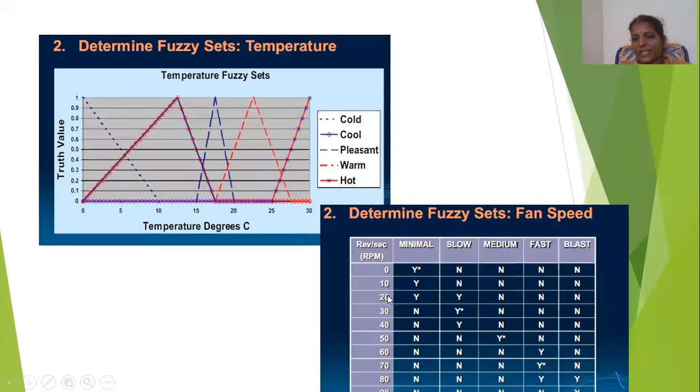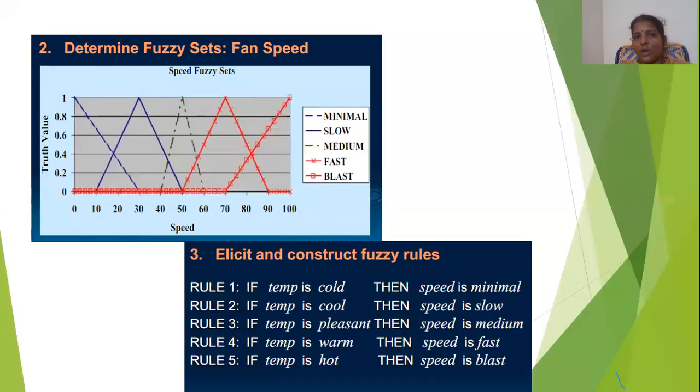When RPM is 20, the speed of the fan will be minimum. Slow, then medium. Medium in the sense when the RPM is 50, you get medium fan speed. Above 60, fast. Above 80, blast, more than fast. So again, fan speed fuzzy sets: minimum, slow, medium, fast and blast.